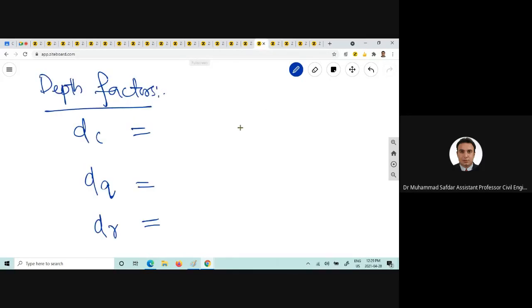How about the depth factors? Dc, Dq, and D gamma. सर Dc is equal to 1.54.